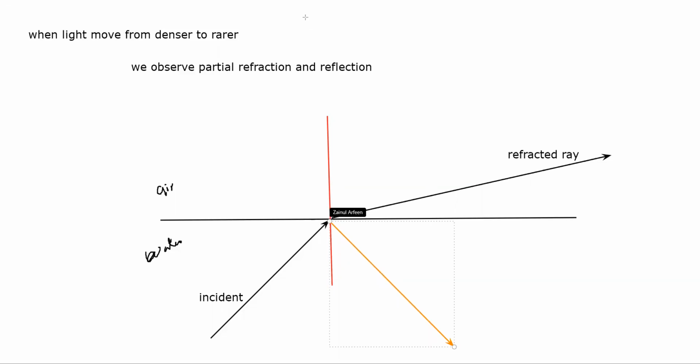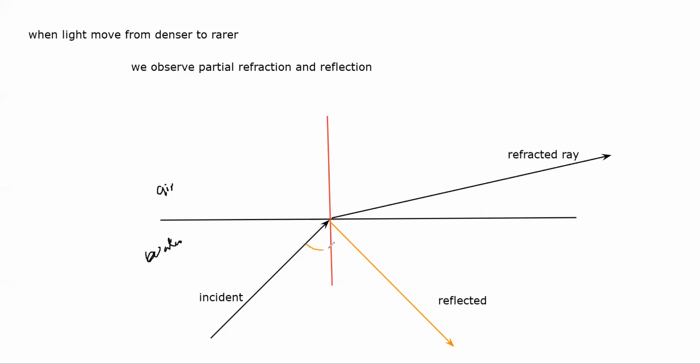So when both things are happening, reflection also occurs and refraction also occurs. Refraction occurs when the speed changes, and reflection occurs when it only changes the direction.